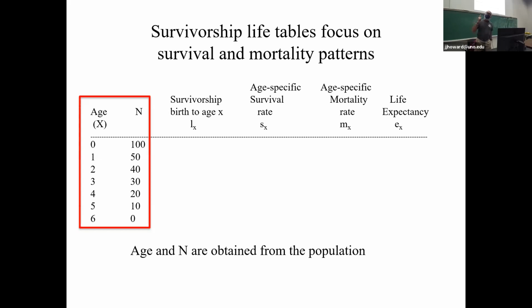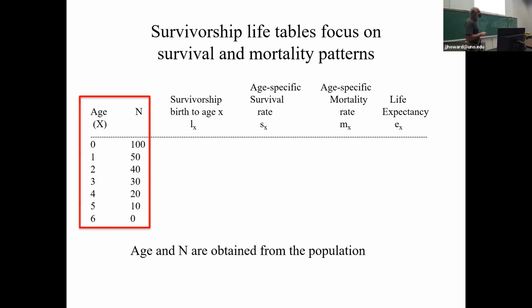Now this, you should understand, is an example of a cohort life table, a dynamic life table. We actually take a cohort and we follow them from birth to death. You can tell it's a cohort table for one very good reason.